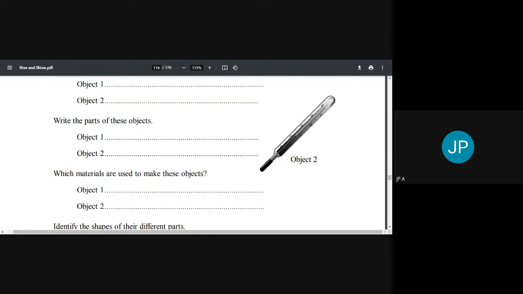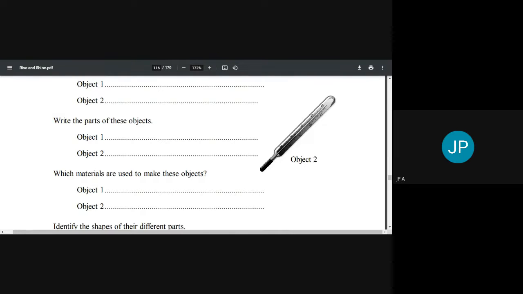So that is how we describe. Where is it placed? For example, when you talk about a ceiling fan, you say that it is hung from the ceiling. If it is a table fan, it is placed on a table.